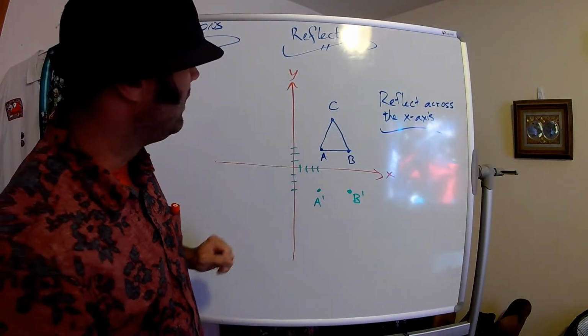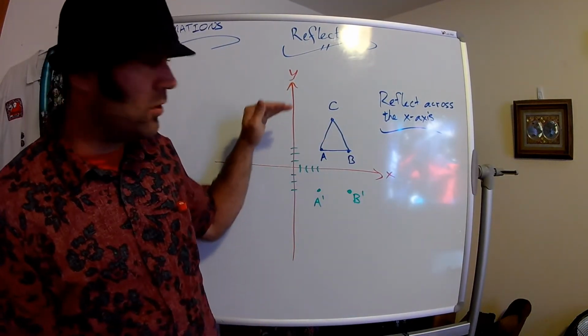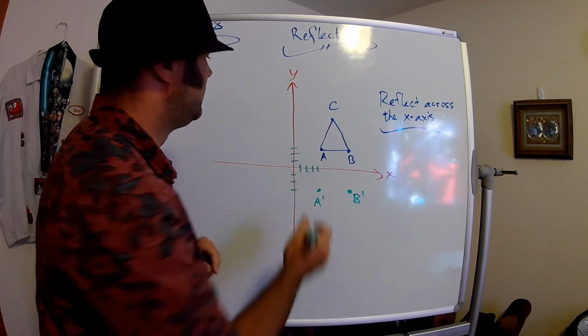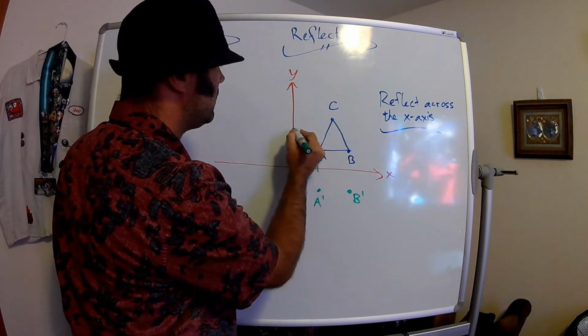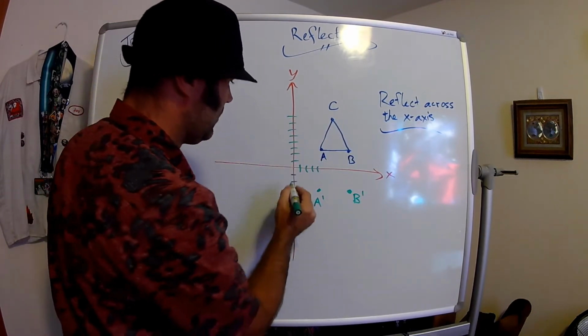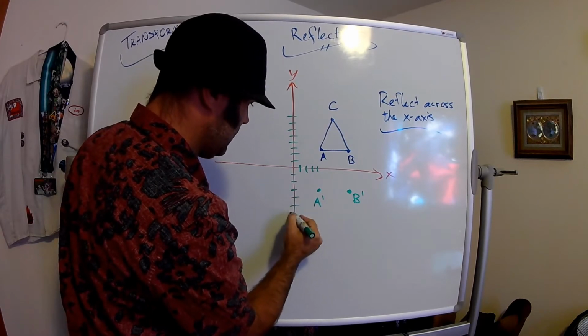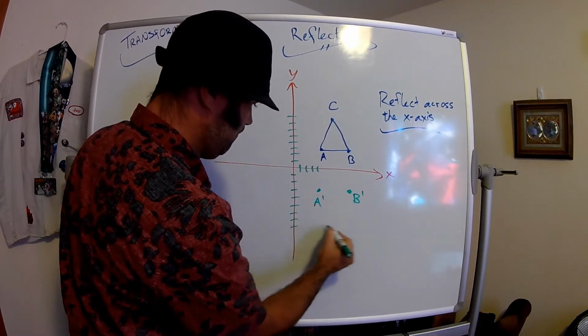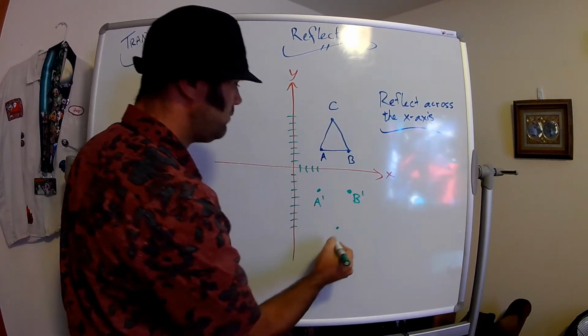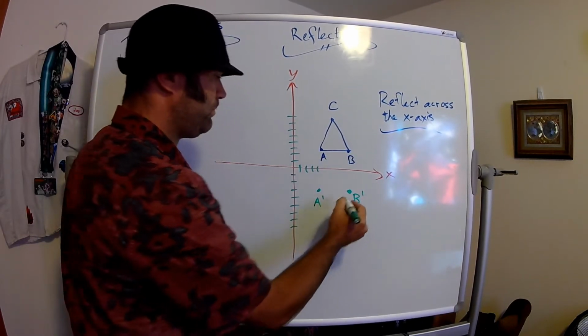And then C. C looks like it's much, much further from the x-axis, so it needs to go much further away. So it looks like it's 8 high, so we want to go 8 down. And there's C prime.